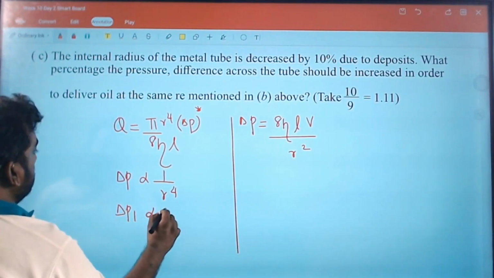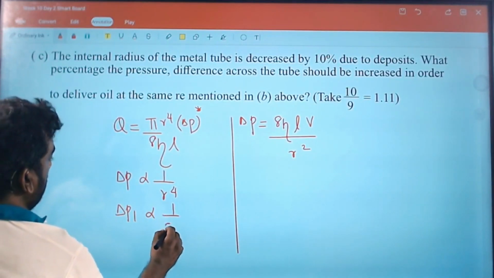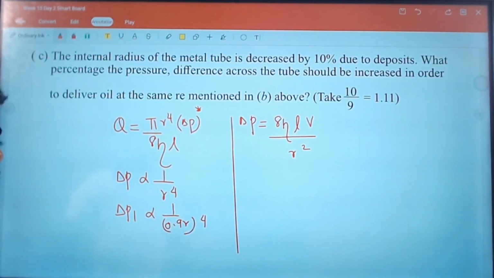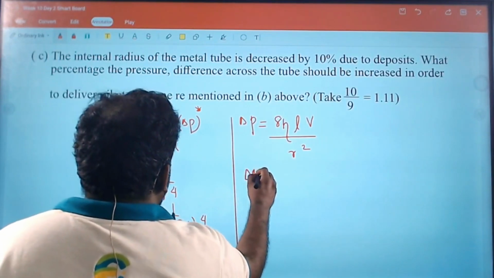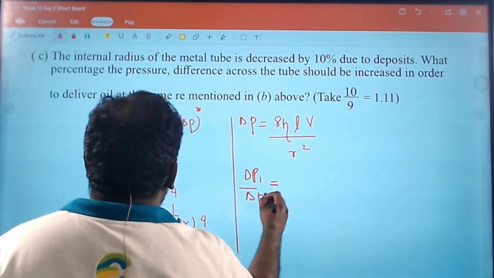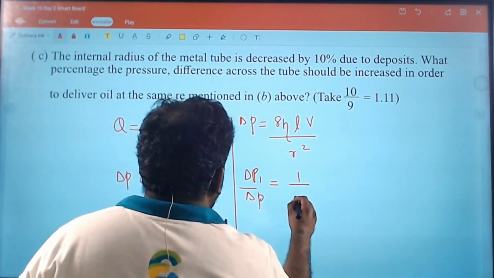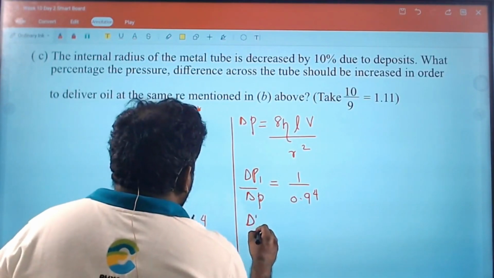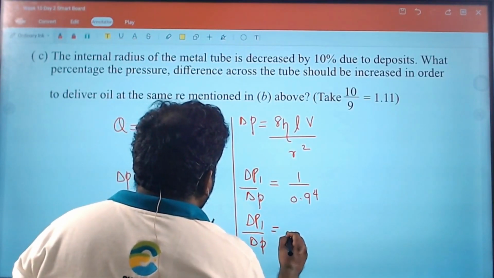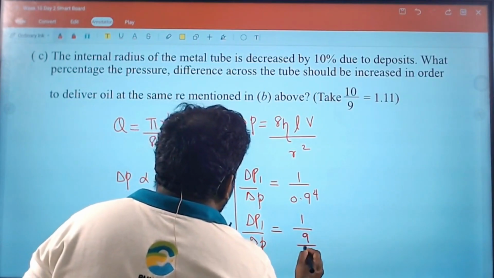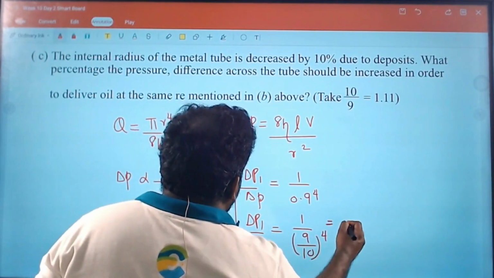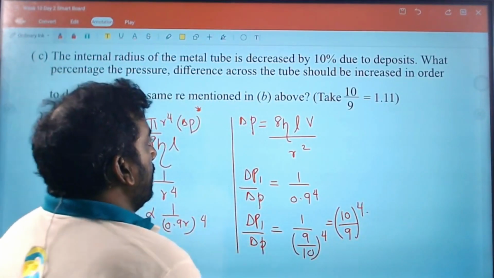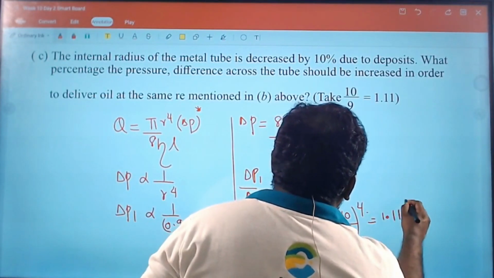New pressure difference, 0.9 r to the power 4. Delta P1 over delta P is 1 over 0.9 to the power 4, that's 10 divided by 9 to the power 4. That's going to be 1.11 to the power 4.